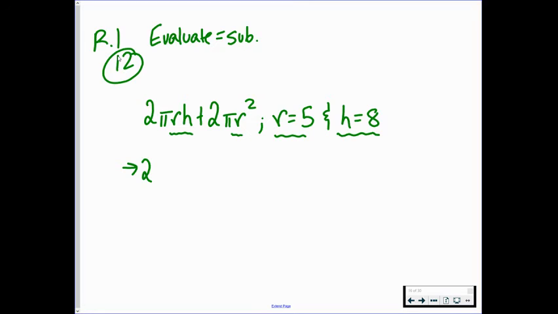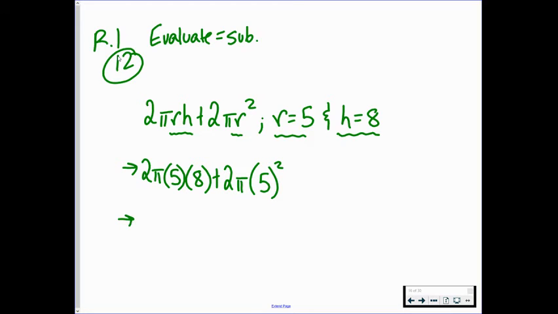Start off with 2 pi, we're just going to leave because the directions say leave in terms of pi. In place of R, I'm going to put the 5. In place of H, I'm putting 8. I'm going to do the same thing with this last part, substitute in 5.